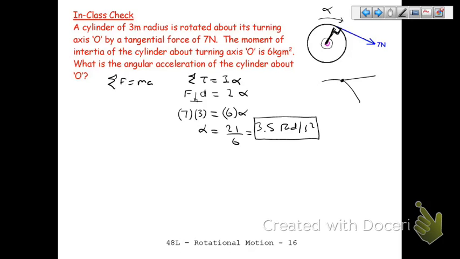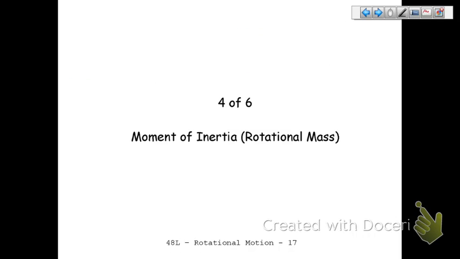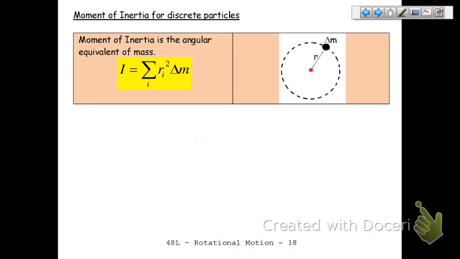Okay, so let's talk about moment of inertia. We don't justify this. We just pull it out of thin air. But basically what we say is the angular mass, the moment of inertia, depends upon the mass, but it also depends upon where the mass is positioned.